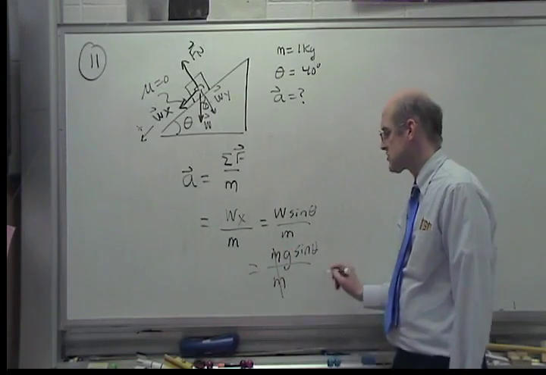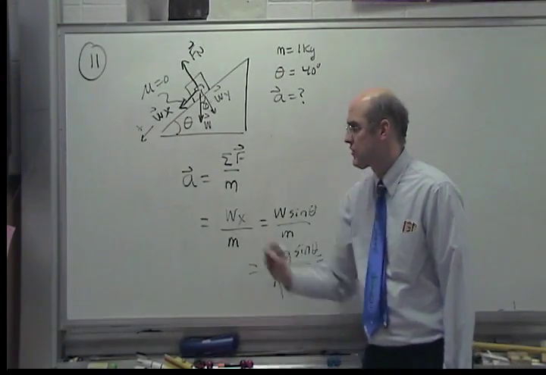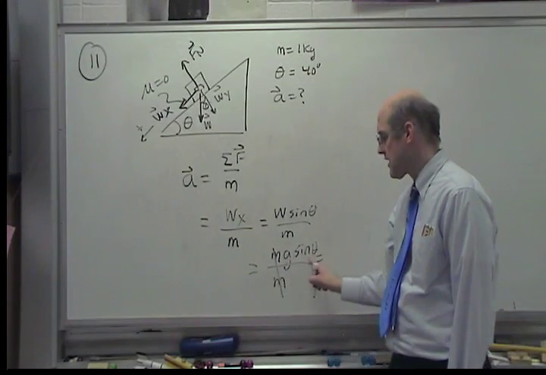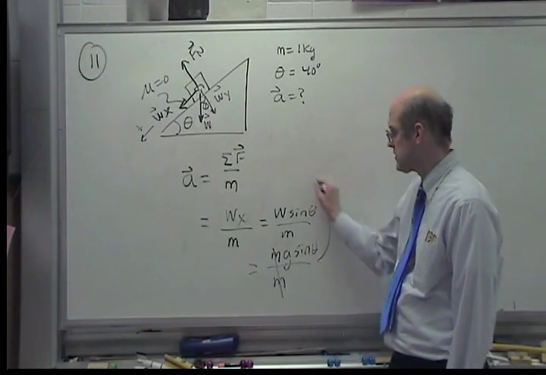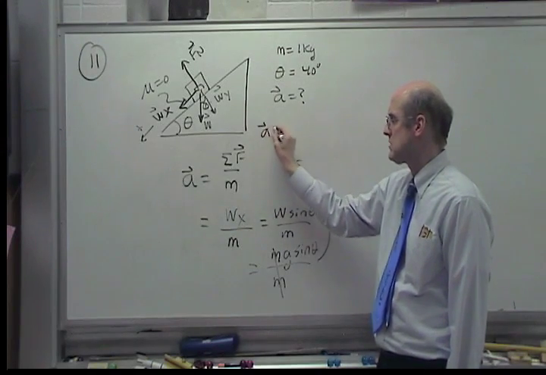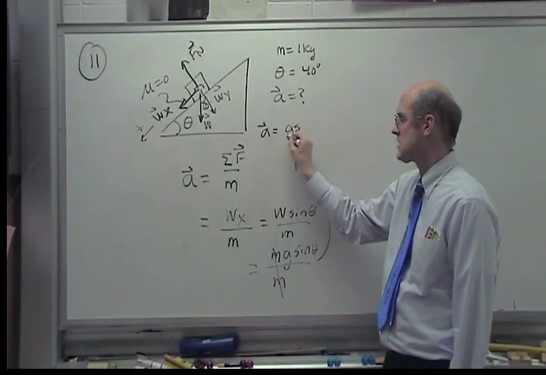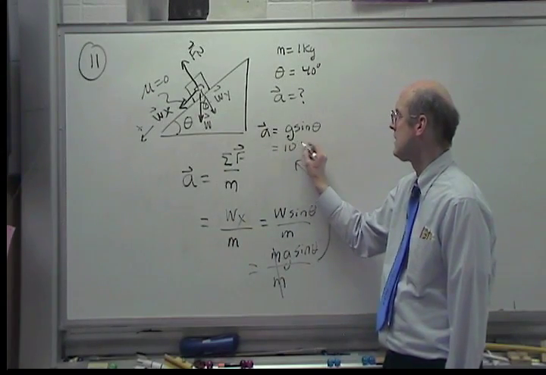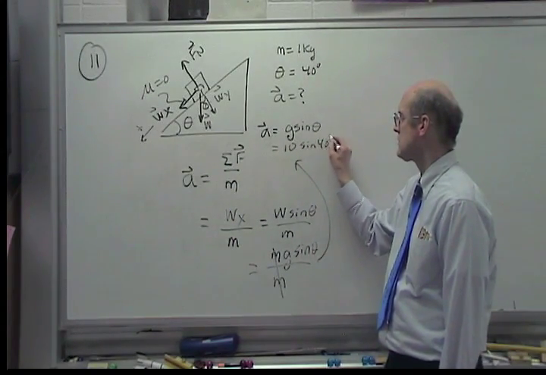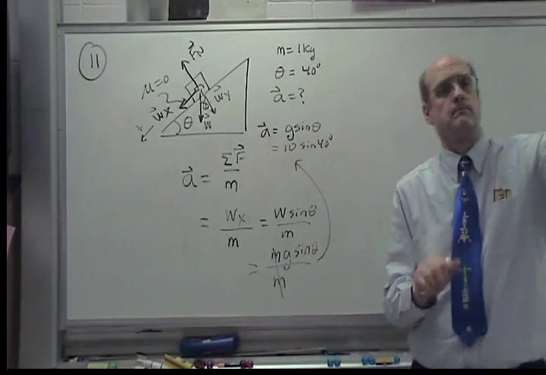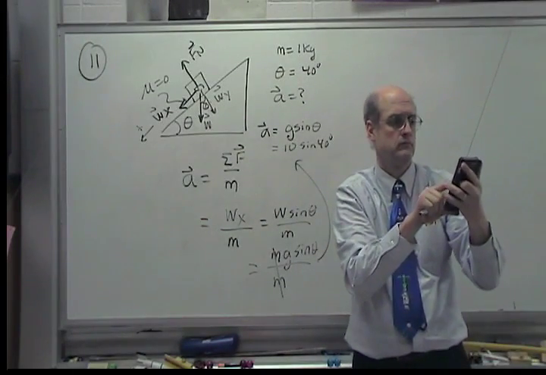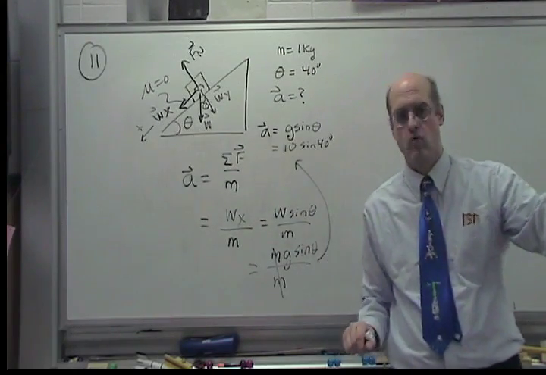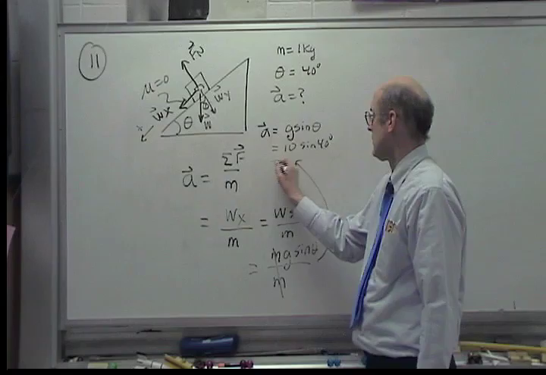So the masses cancel, and we're left with the acceleration down the incline as being equal to g times the sine of the angle. So the acceleration is equal to g, the acceleration due to gravity magnitude, times the sine of the angle. So we're going to take 10 times the sine of 40 degrees. And I get 6.4 meters per second squared.